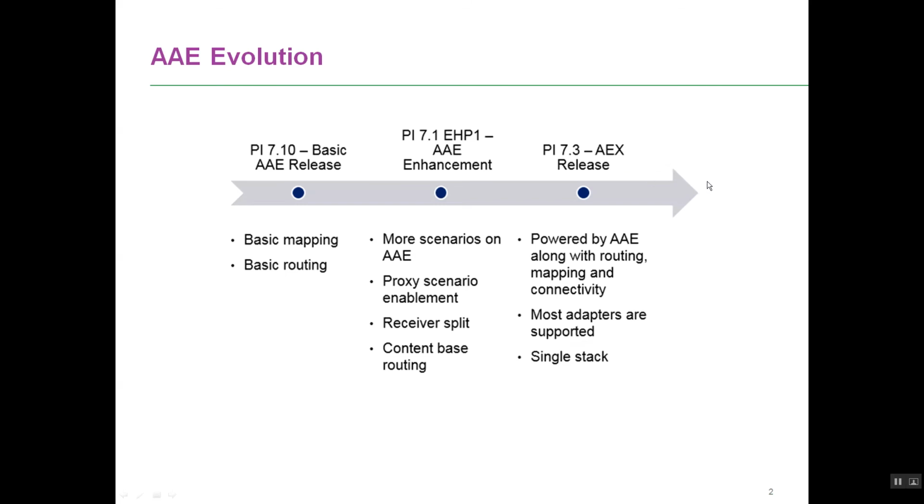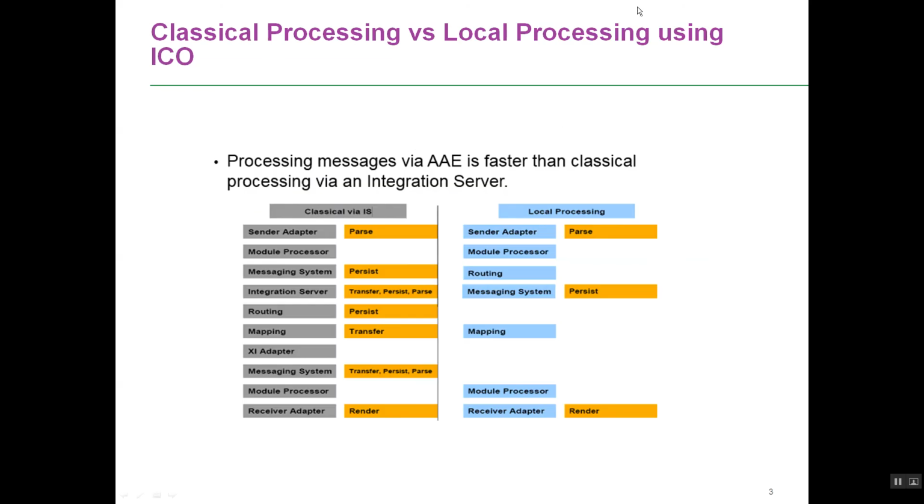But from PI 7.31 onwards, all the functionalities of PI that were available on a dual stack are available on a single stack, excepting for one functionality, which is CC BPM. And remember, CC BPM is now replaced with NetWeaver BPM in a product called Process Orchestration. All right. So with that, let's move on to the next slide.